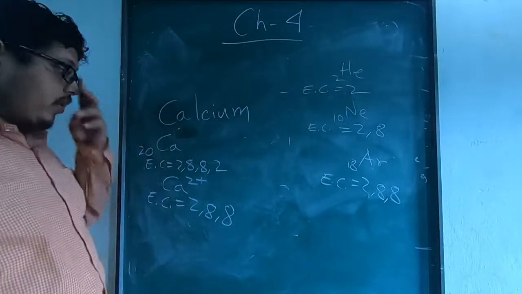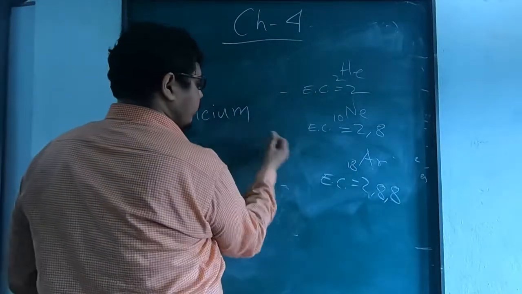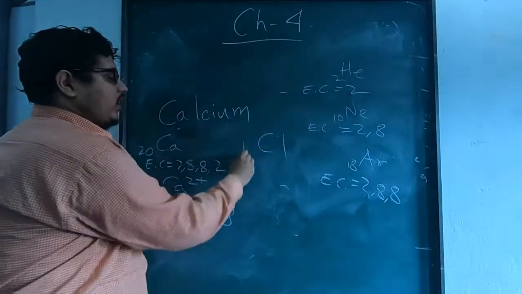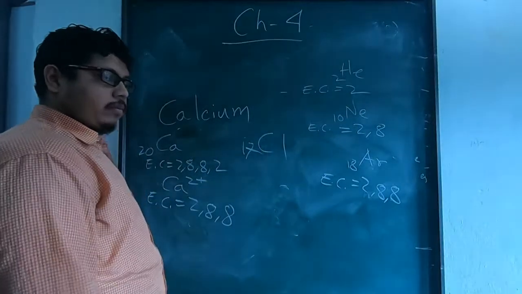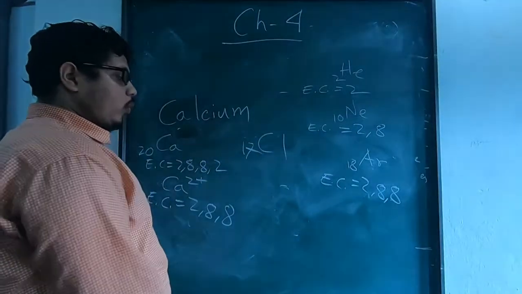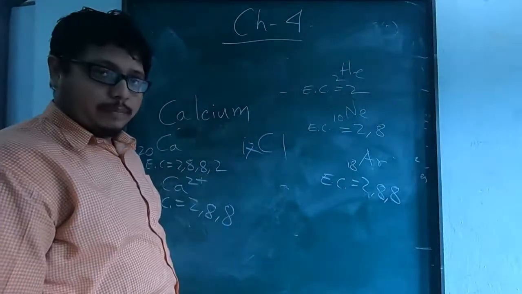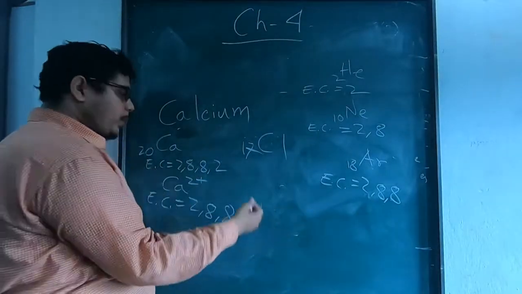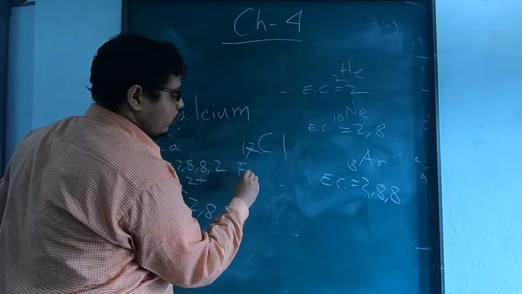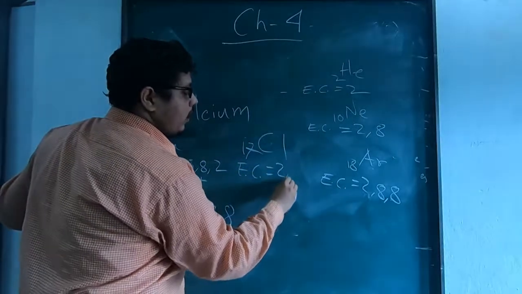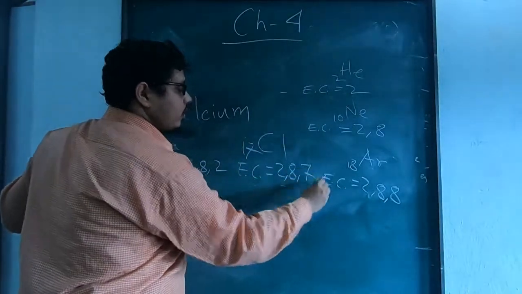Since it lost 2, it became Ca2 plus. But something like, say, chlorine is having 17. We can take another example also. Sulfur. So first let's show chlorine. Chlorine is having electronic configuration 2, 8, 7.